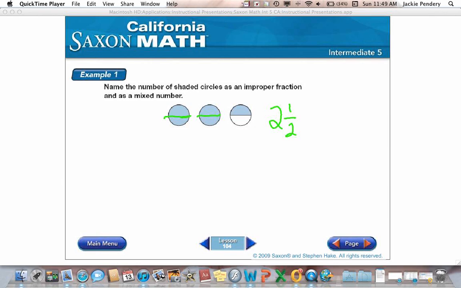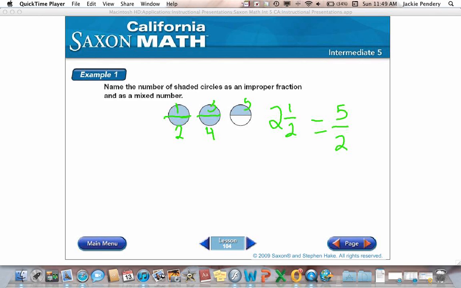If I were to look at this and count, I would see 1, 2, 3, 4, 5 halves. So if I had a picture and I was able to write on it, count it, and add it up, I would get 5 halves.